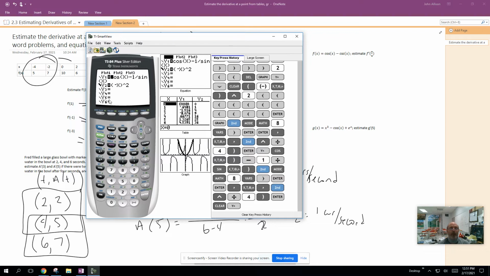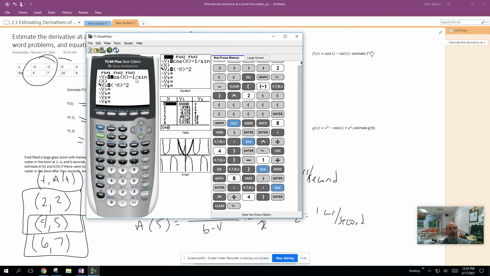If we enter that function in our y equals, so I've entered this cosine x minus cosecant x, and remember your calculator doesn't have a cosecant button, but cosecant is defined as 1 over sine. So it's not sine^-1, that's sine inverse or arc sine. But if you're going to enter cosecant, you have to enter it as 1 over sine x.